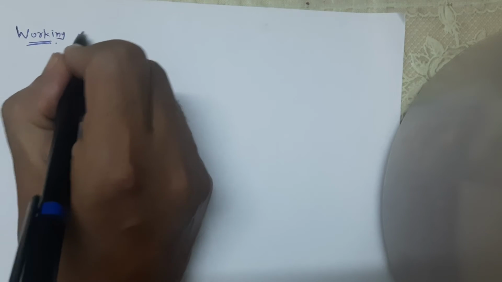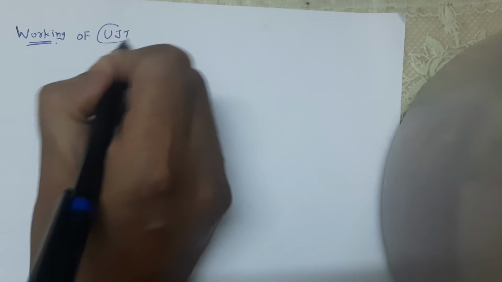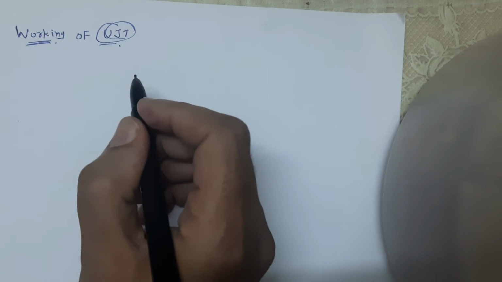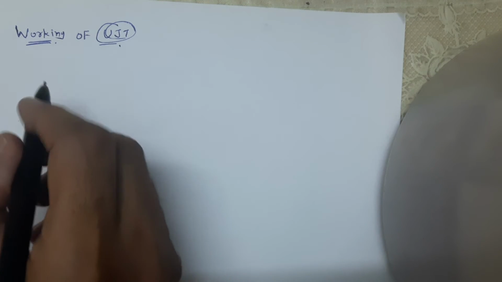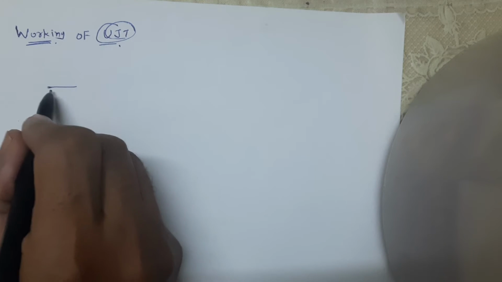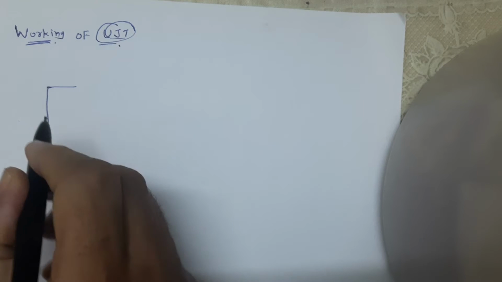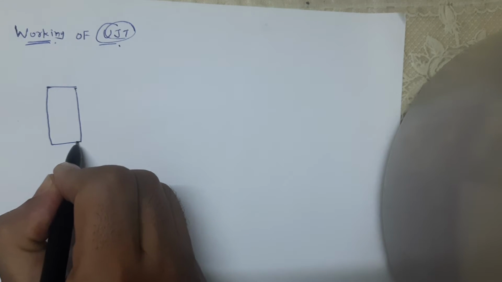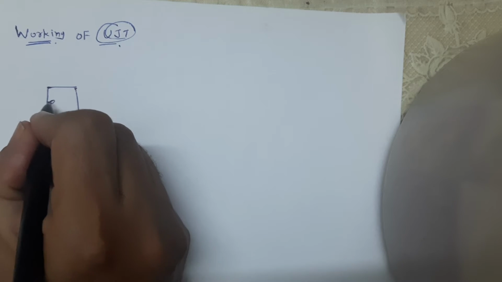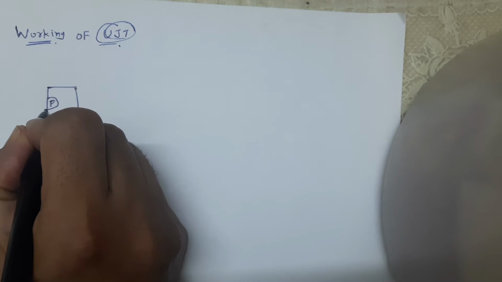Now we are discussing the operation, how it works, the working of UJT. For this we draw the circuit. This is our silicon bar. This is our P, that means the emitter lead.